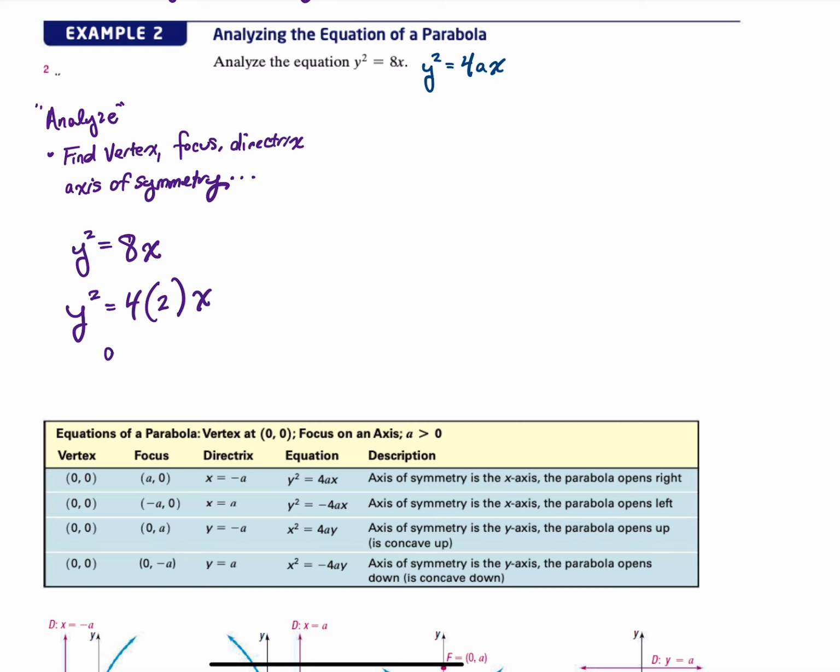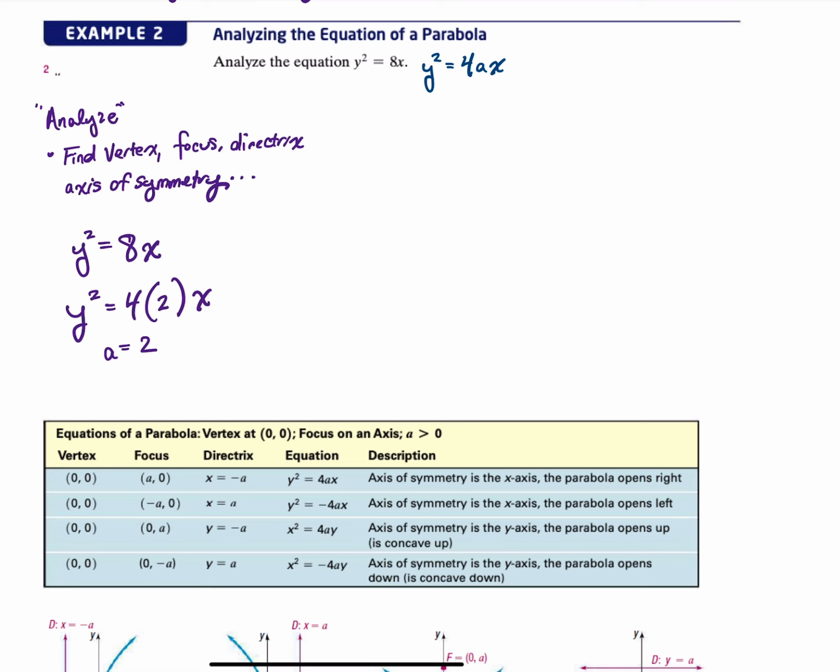That tells us that our a value is equal to 2. That's this number here. That'll be our distance from the vertex to the focus point, and also the same distance to the directrix. And it's in this form, which also means that the vertex will be at the origin point.